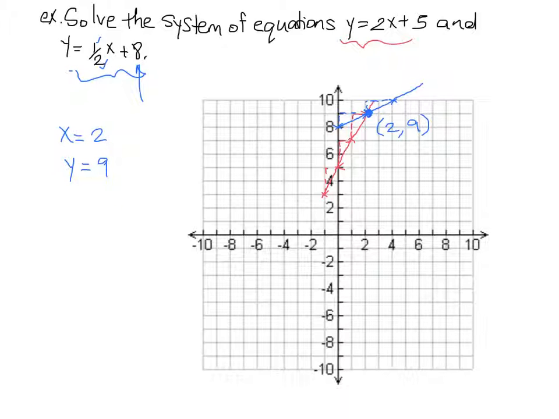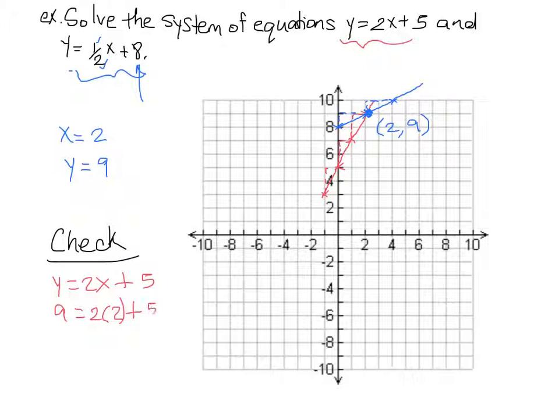Of course, it's always an amazing idea to check your answers, so we're going to check to make sure this is in fact true. For the first, red equation, we have y equals 2x plus 5, and so 9 equals 2 times 2 plus 5, which is true.